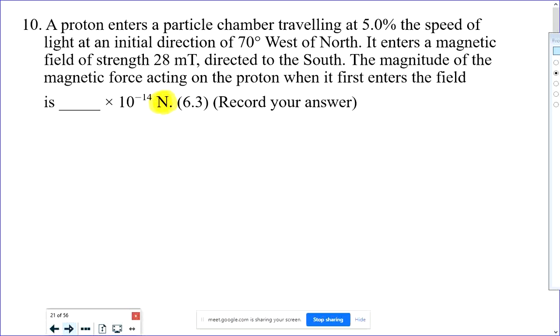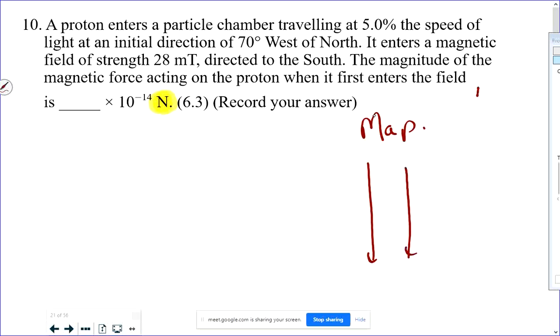But when I take a look at the magnetic field, so I'm looking at a map now, just to let you know, the magnetic field is towards the south. Okay, so on a map, north is up here, east is this way. So the magnetic field on my flat map is towards the south.